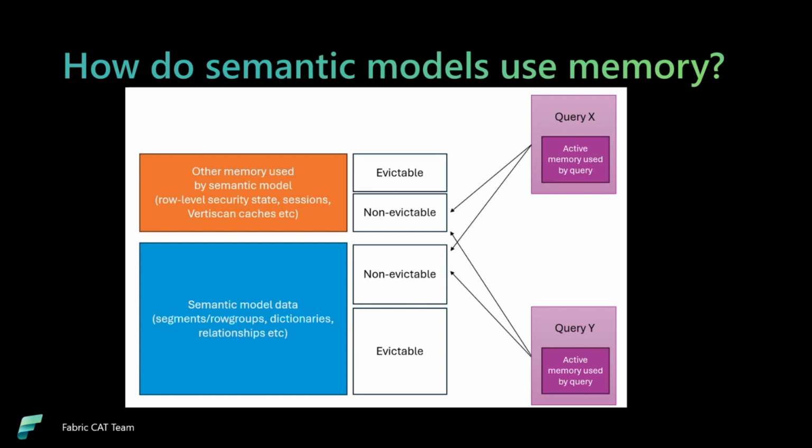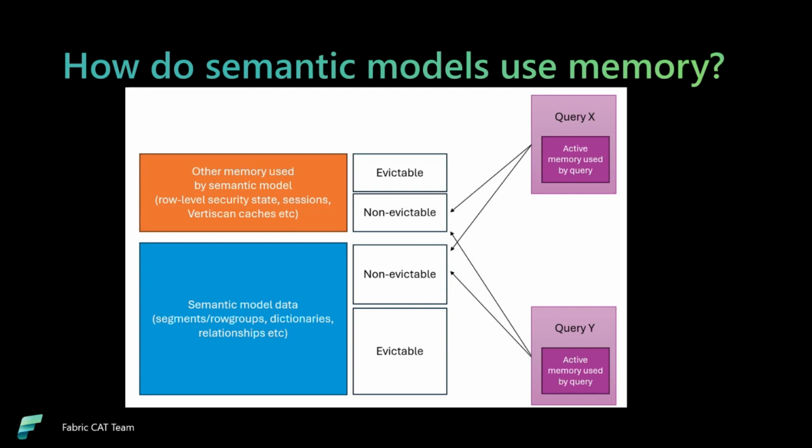Inside your semantic model, there are two types of thing that can be in memory. There is the data associated with your semantic model, all of those tables, columns, and relationships, and the things that go with them, like dictionaries, stuff that makes it all go fast and allows you to find the data you need. That's the big blue box.